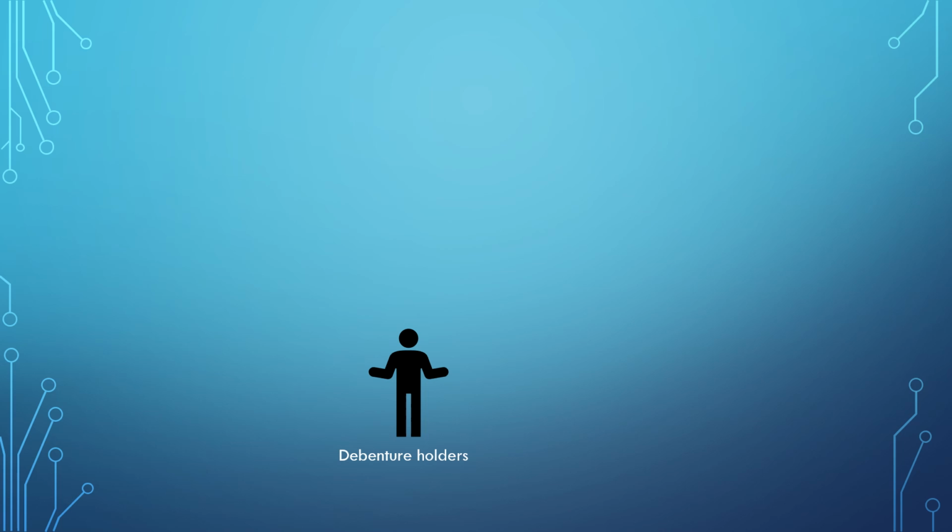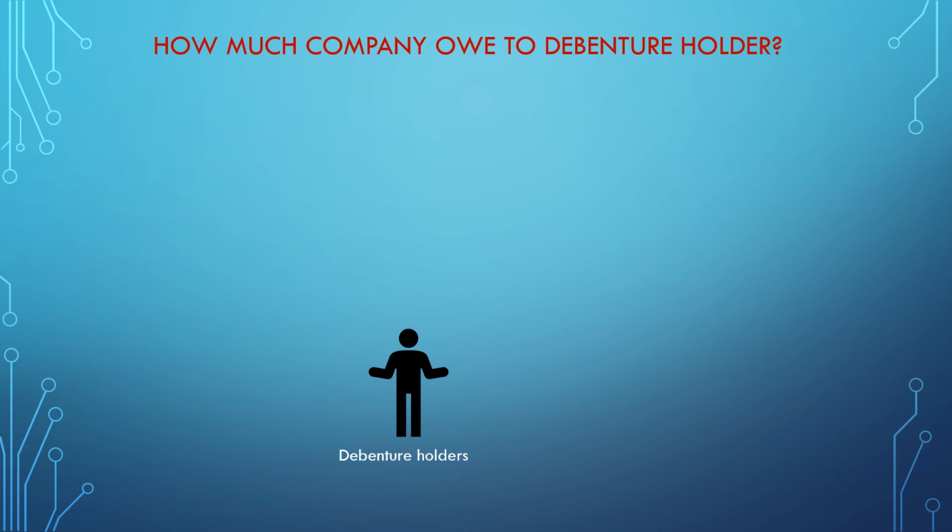Okay, so what we actually owe to the debenture holders, right? How much does the company owe to the debenture holders? On the 1st January, remember the time value of money, you learned the value of money changes over time.